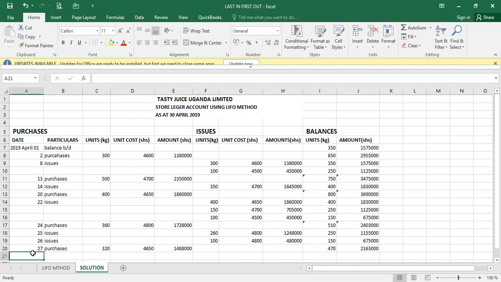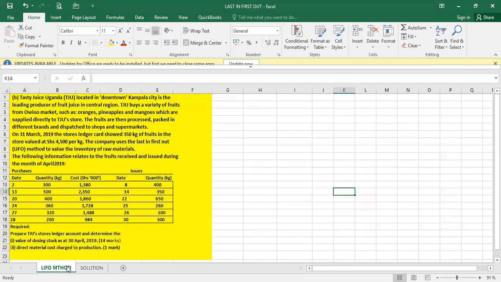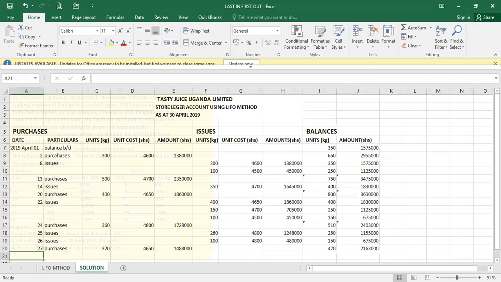Then we'll go to the next transaction. The next transaction happened on 28th. We still purchased 200 units at 984,000.